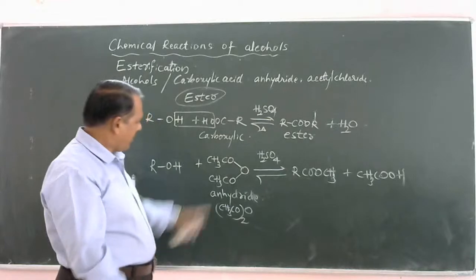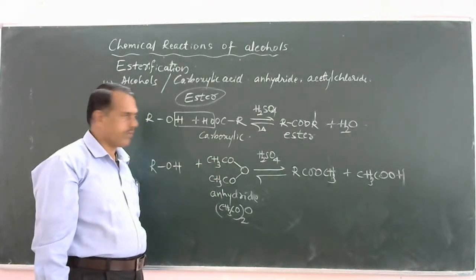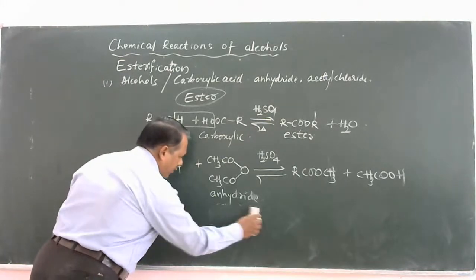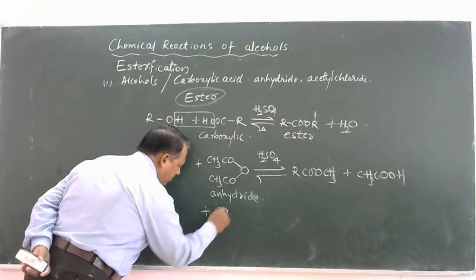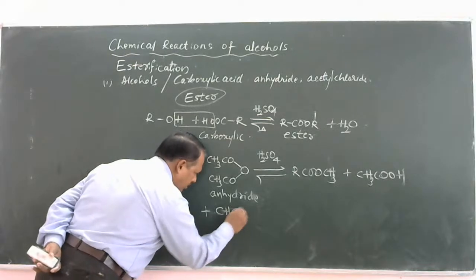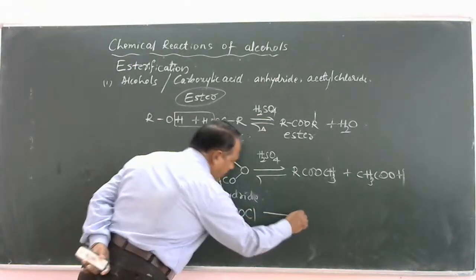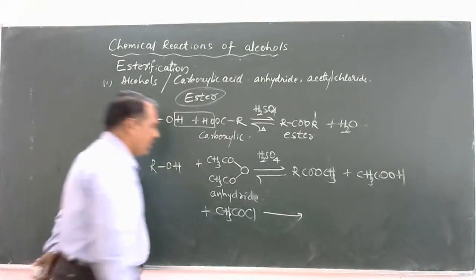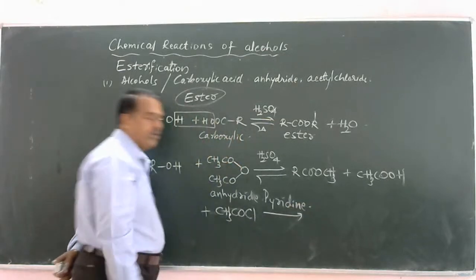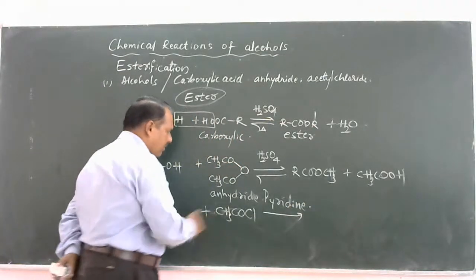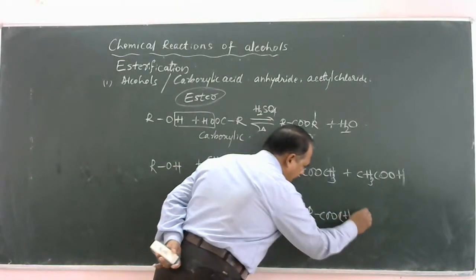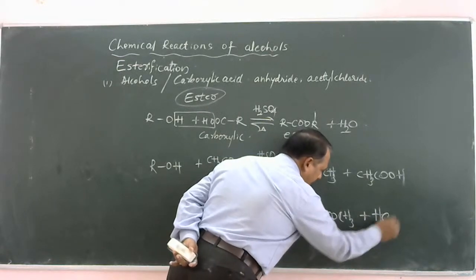Are you clear? In place of anhydride, you can take acetyl chloride, CH3COCl. At that time, you have to use a base, pyridine. Here again we will get an ester, RCOOCH3, and the removal of HCl gas.